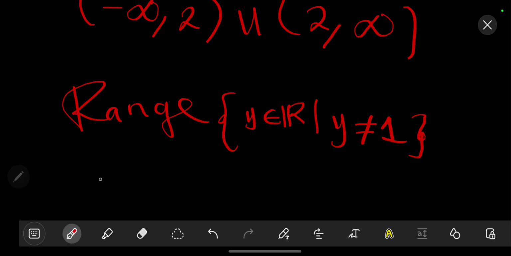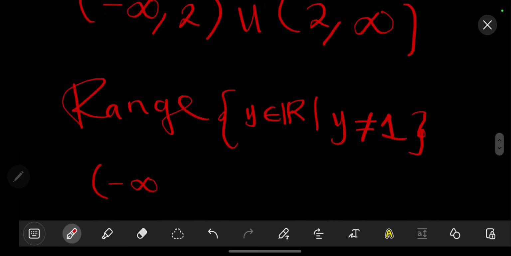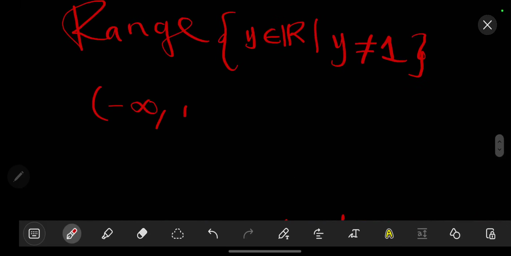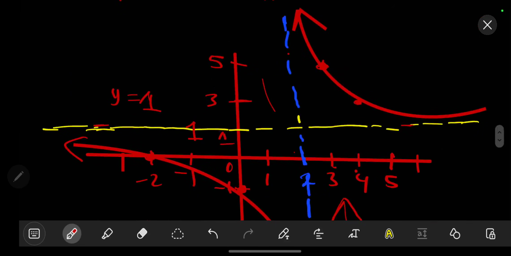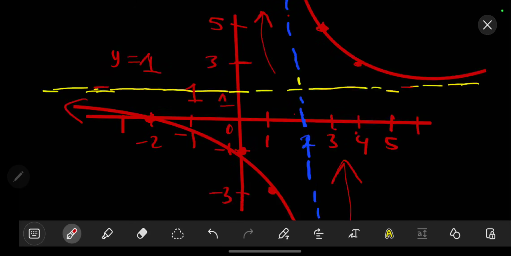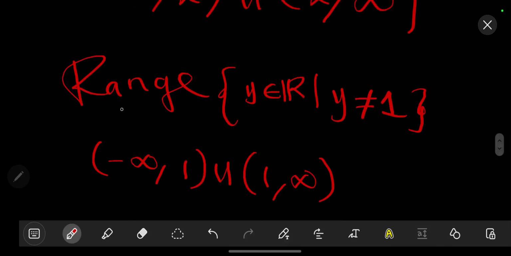In interval notation, this may be represented as from negative infinity, meaning from down here, until you reach positive 1, with a close bracket to show that positive 1 is not included, union from positive 1, not included, to all the values up there: 1 comma positive infinity. So if they don't restrict you, you can write it like this or like this. Let's look at our next problem.